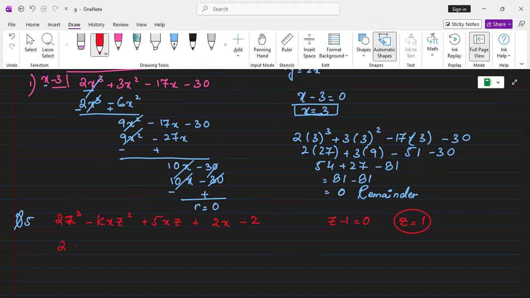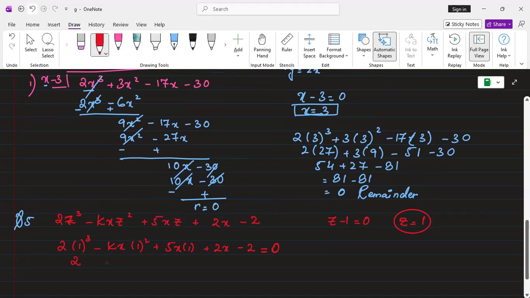So I can just simply substitute 1 at the places of z और यहाँ पे तो x ही रहेगा. So I can simply equate it as equivalent to 0 as it is your factor.